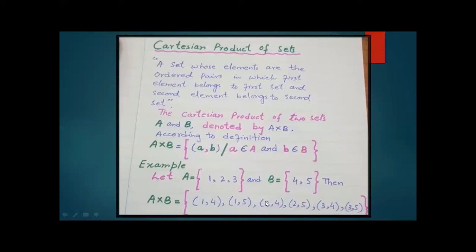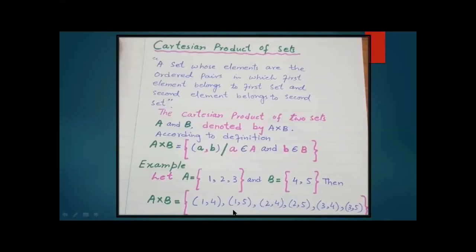Then 2, 4. Then 2, 5. Then 3, 4. Then 3, 5. This is how you will write the Cartesian product, by taking the first element from set A and the second element from set B in ordered pairs.